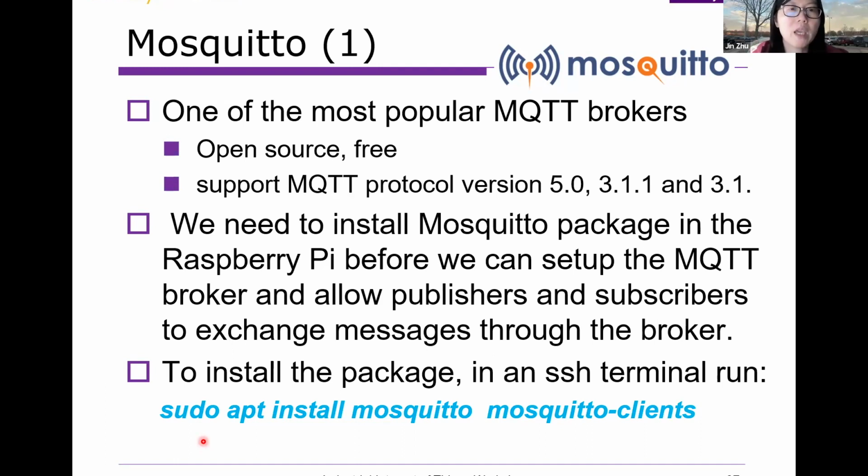So here you don't use root, but you use the sudo command. We're going to install Mosquitto and also some of the Mosquitto clients, which we can use to test whether the Mosquitto broker is installed properly and works fine.